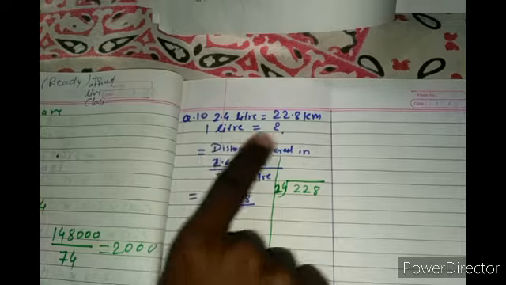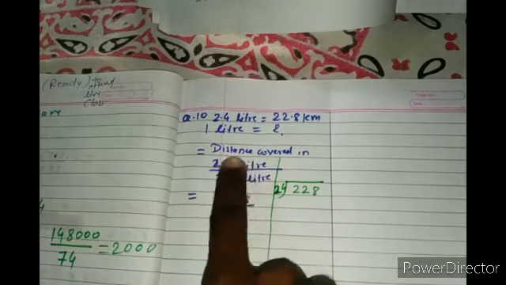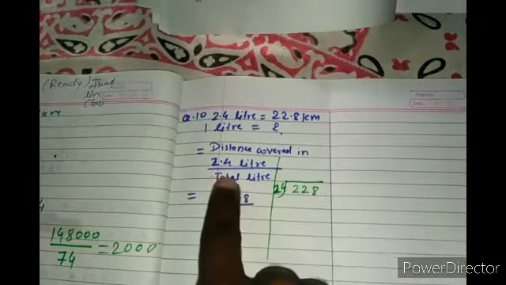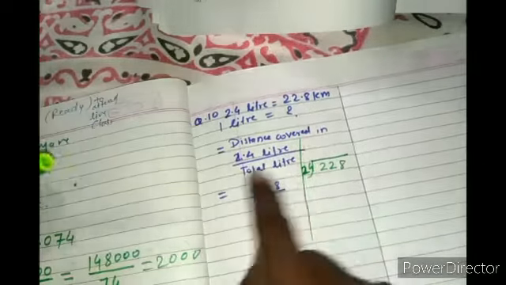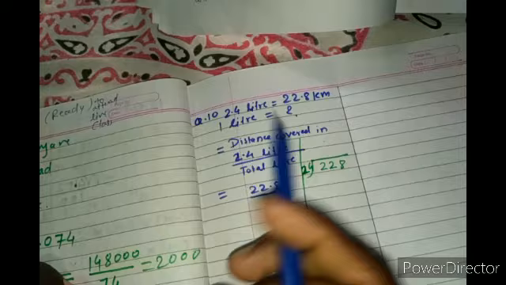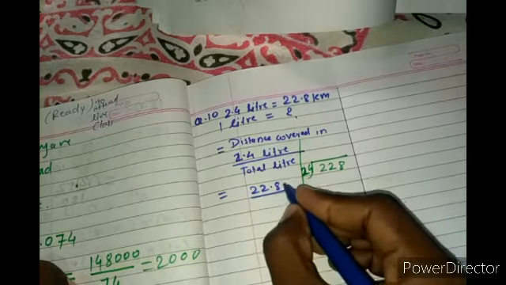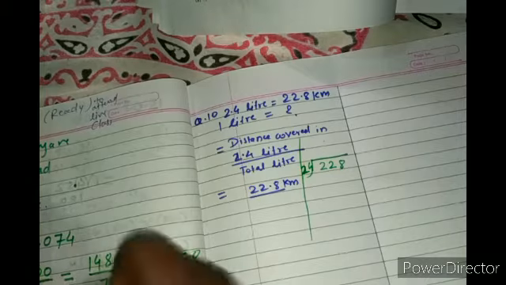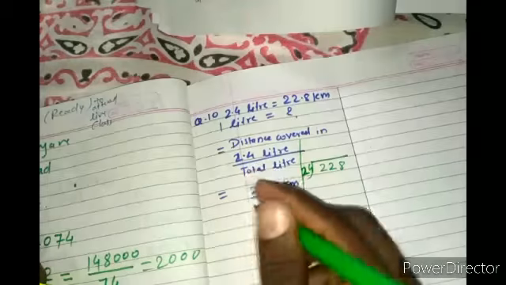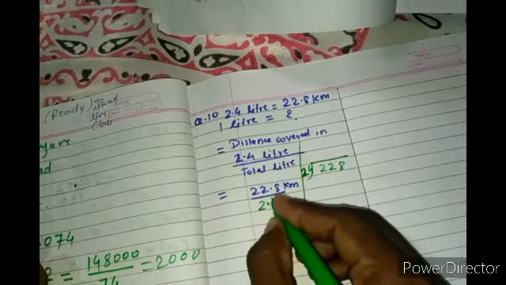So I have written here the distance covered in 2.4 liters divided by total liters. The distance covered in 2.4 liters is 22.8 kilometer, and the total liters is 2.4 liter.